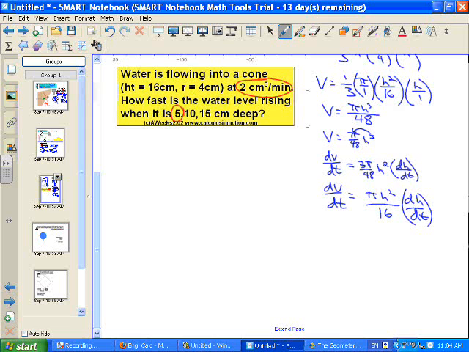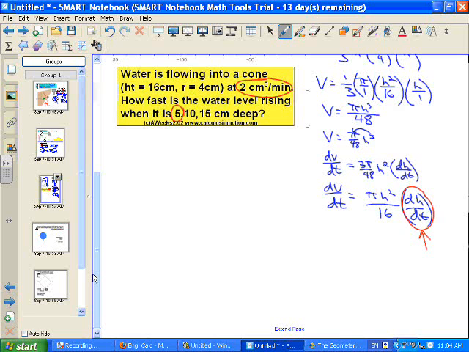All right, now I can start filling in some of these things. Which one am I solving for? I want how fast, that's the rate. What's the rate? The water level's rising. So the rate of H. So I want this one. That means all the other things I need to be able to plug in for. What's the easy one?